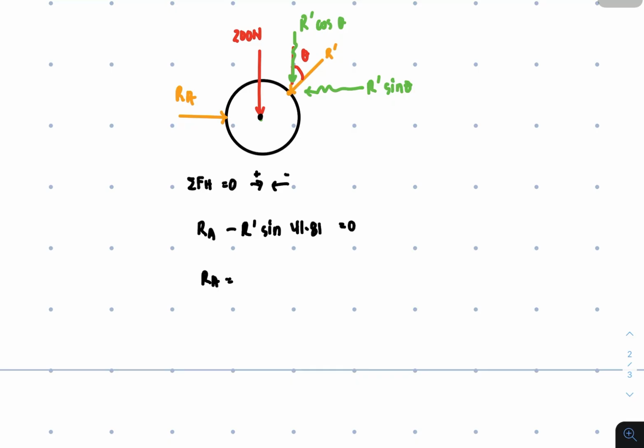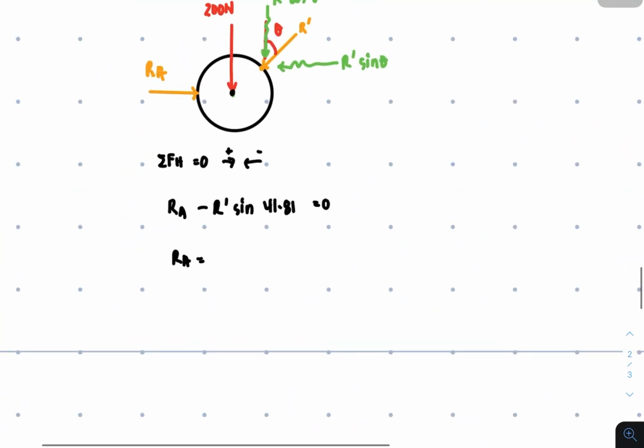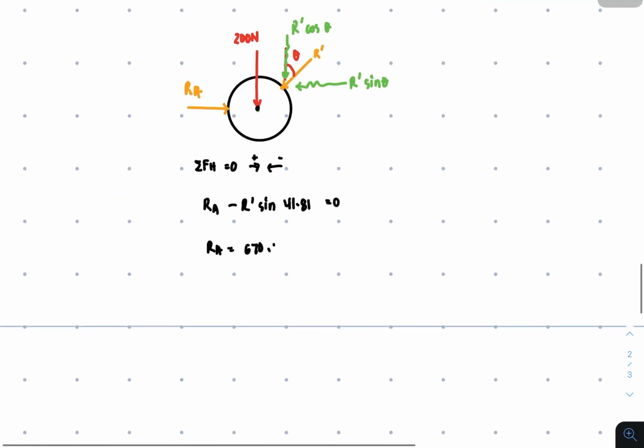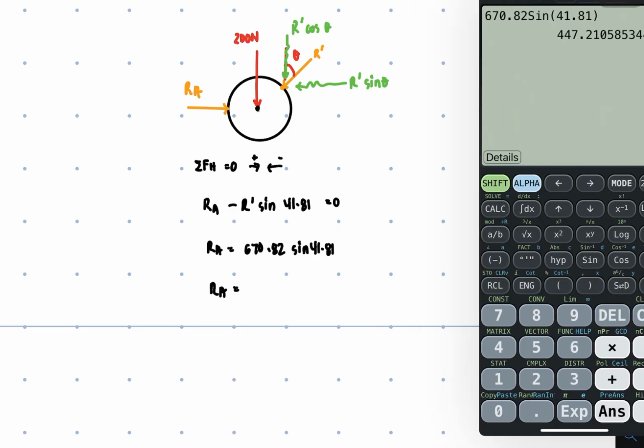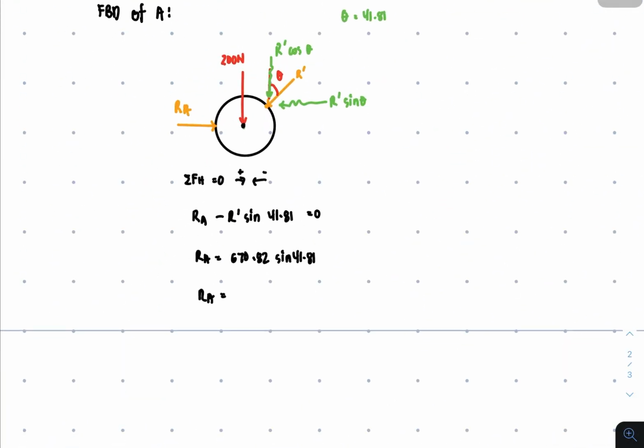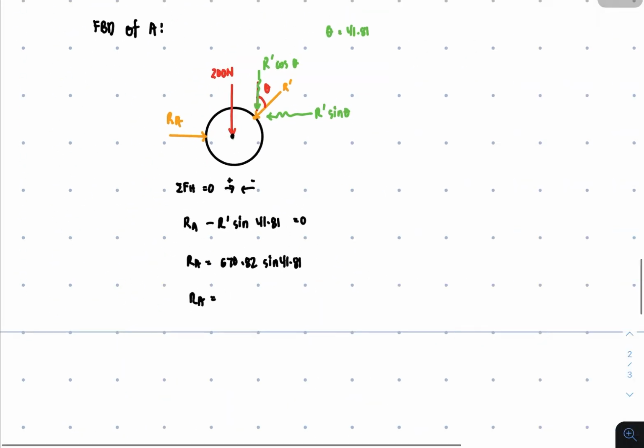RA is now 670.82 sine of 41.81. So you have RA, it's 670.82 sine of 41.81. It's 447.21.